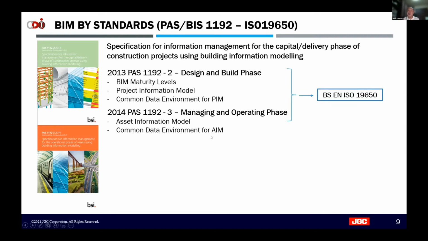So these two documents have been consolidated into ISO 19650. Currently, these PAS standards have been withdrawn, but instead ISO 19650, which is a new standard, is actually being worked out.